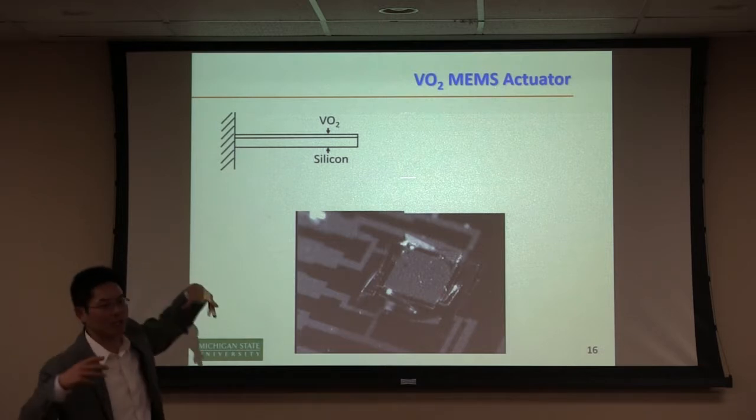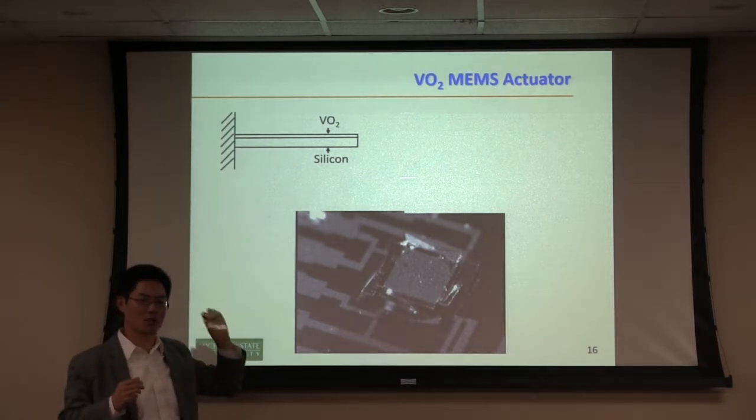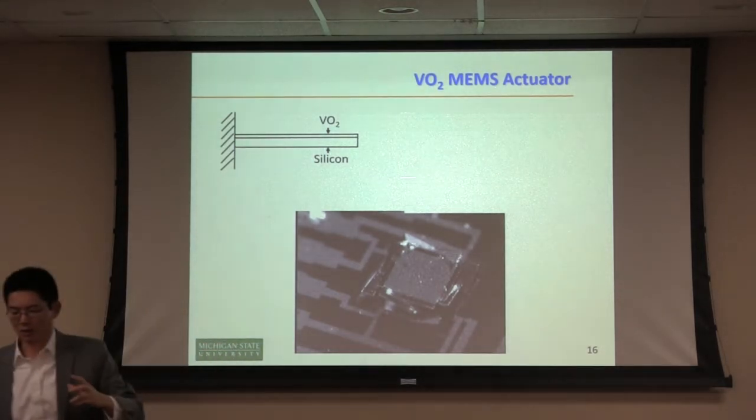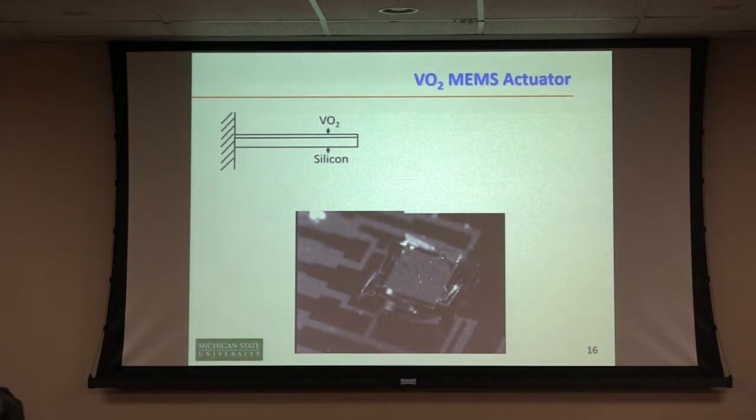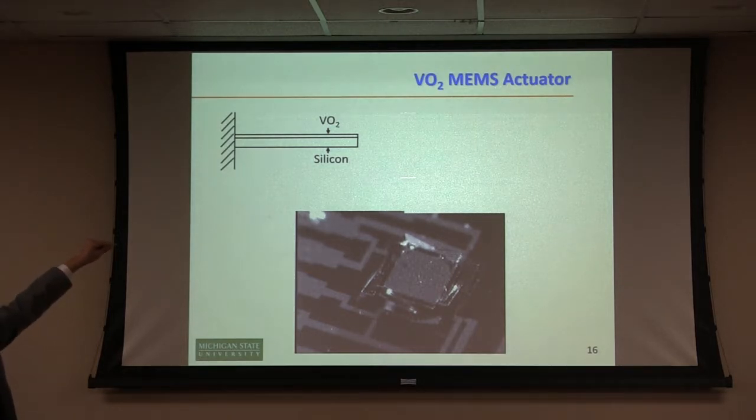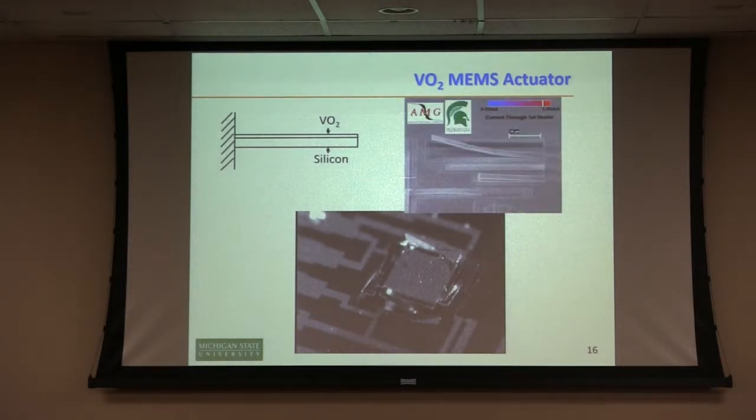And when it's heated up beyond the transition temperature, the structural change in the crystal will cause a kind of contraction at the interface of the VO2 and the silicon. So it will generate basically a curved, kind of bending motion. And this can be seen from here. It's an SEM image at multiple frames, and you can see that bending there.